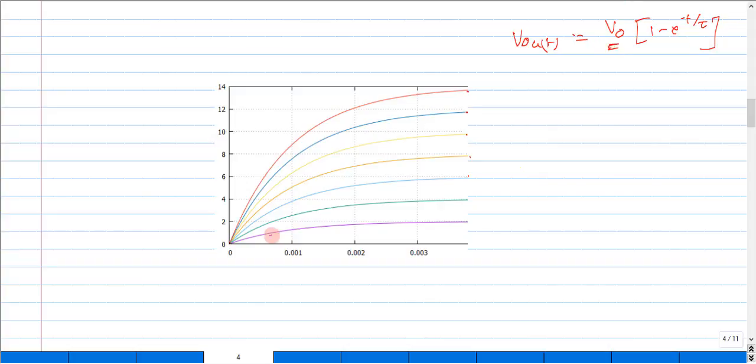The first one is for a smaller magnitude of input. The second one, the green one, is what we got when we apply this amount of magnitude. In a similar way, as I keep increasing the magnitude of the input, we generally have this kind of outputs.